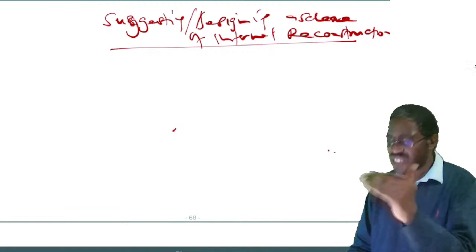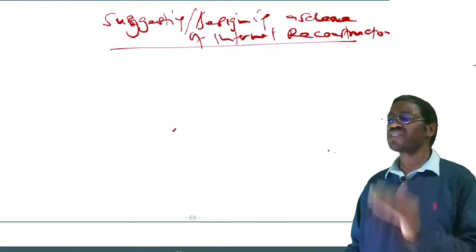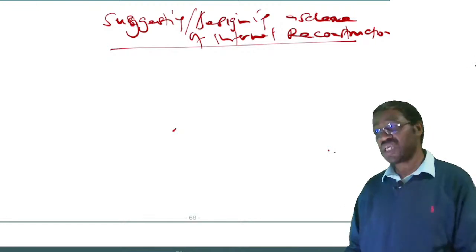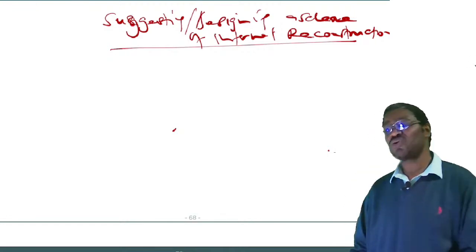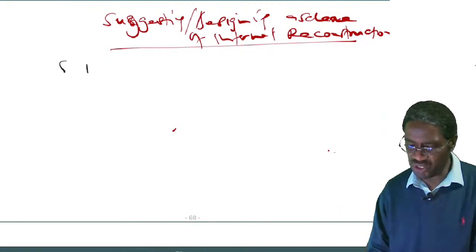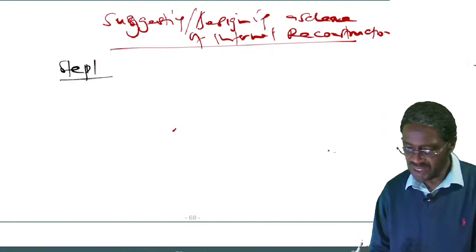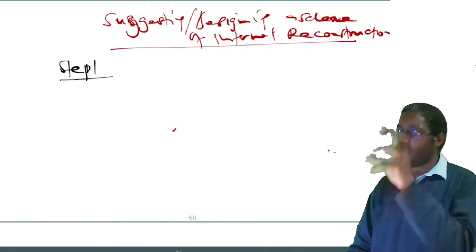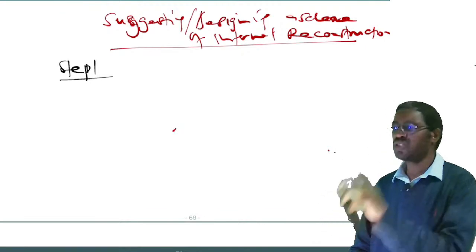There are some steps you have to follow. The first thing you have to do, step number 1, is to start by determining what is the total loss to be written off.